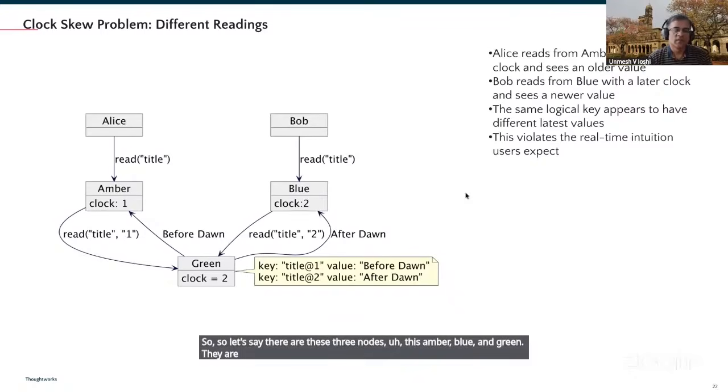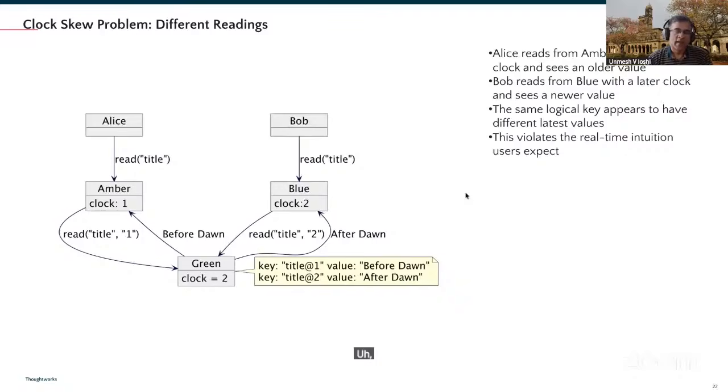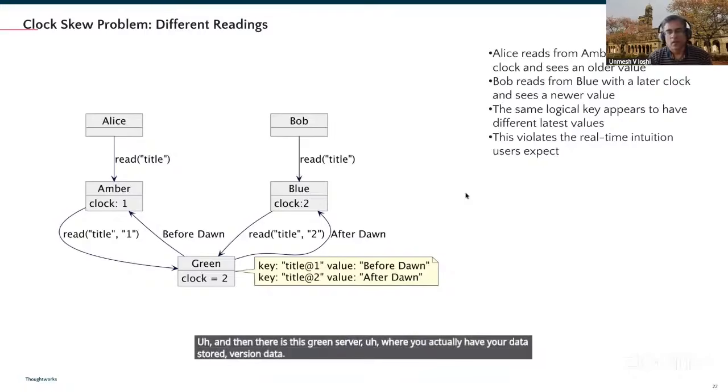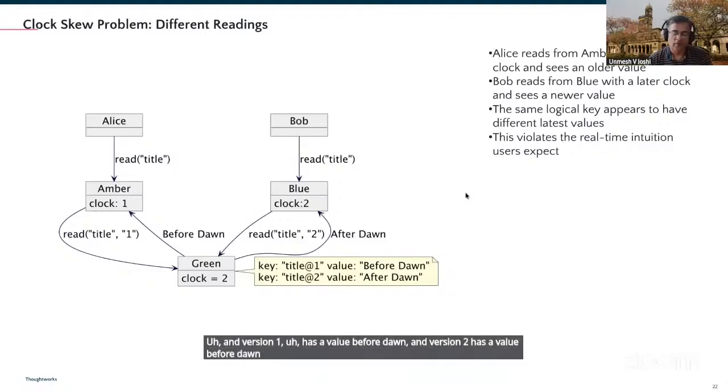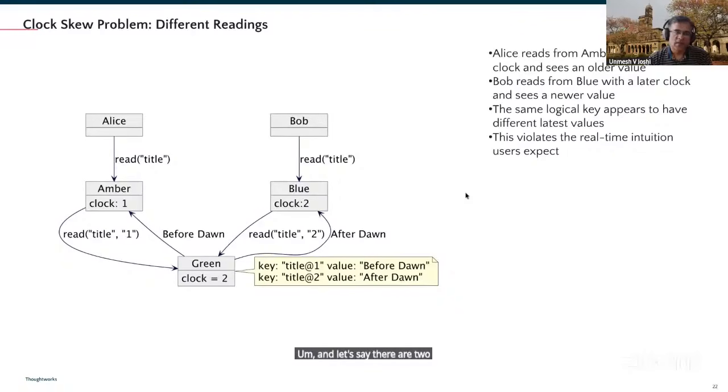So let's say there are these three nodes, amber, blue, and green. They are three servers, and amber has its clock showing time as 1, and blue has its clock showing time as 2. Then there is this green server where you actually have your version data stored. There are two versions of this title: version 1 has a value before dawn, and version 2 has a value after dawn. Let's say there are two reads happening one after the other.